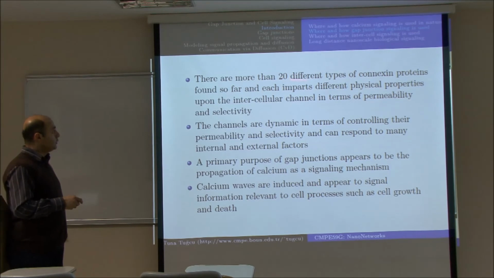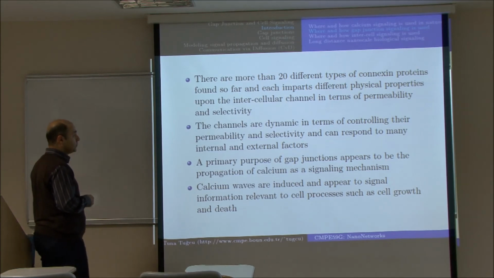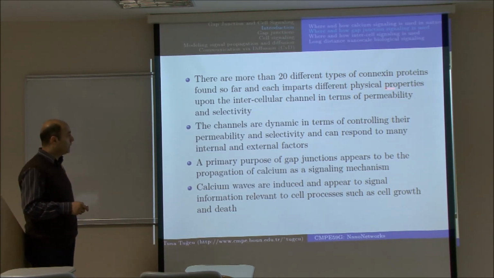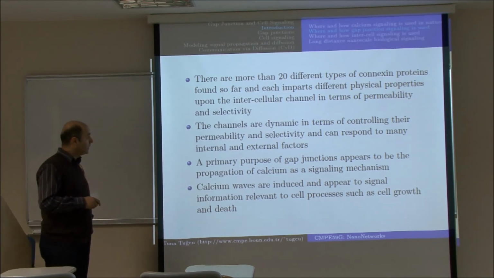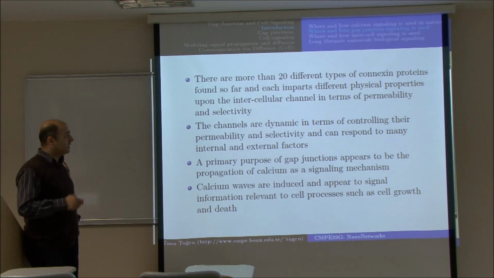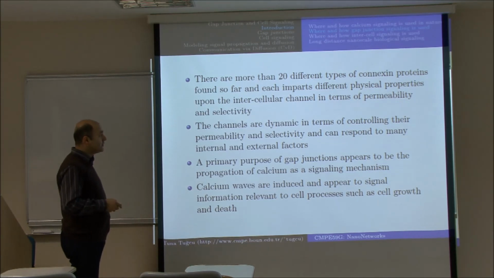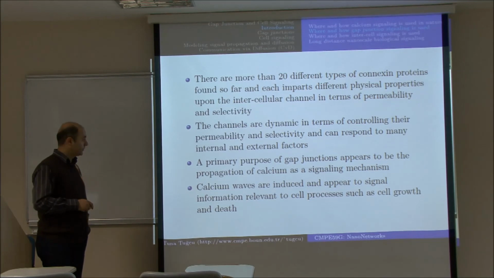There are more than 20 different types of connexin proteins found so far, and each imparts different physical properties upon the intercellular channel, with different permeability and selectivity. The channels are dynamic in terms of controlling their permeability and selectivity, so you can open and close them as you wish, and they can respond to many internal and external factors.